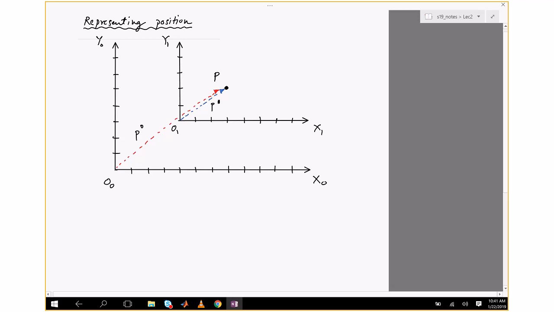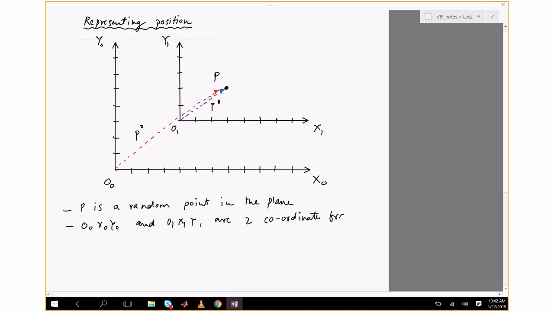So if I want to find the coordinates of P, let me write a few things down before I say that. P is a random point in the plane, and O0, X0, Y0 and O1, X1, Y1 are two coordinate frames.